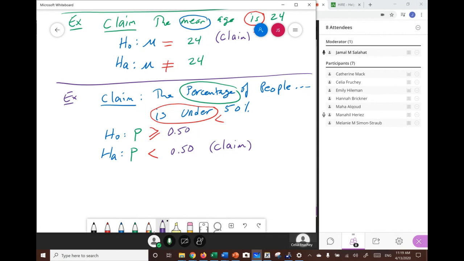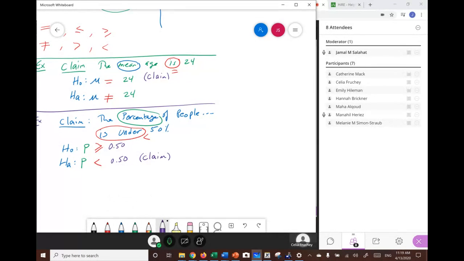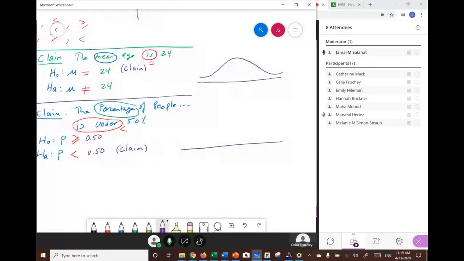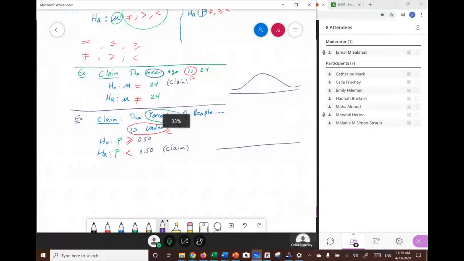So another thing, we need to draw a picture, and the picture we need to draw is really the normal curve. So we're going to put a normal curve in here, and we're going to put a normal curve in there, because this is going to help us a great deal.